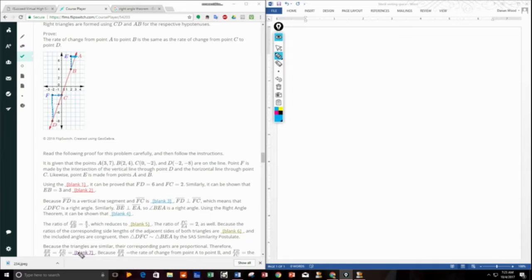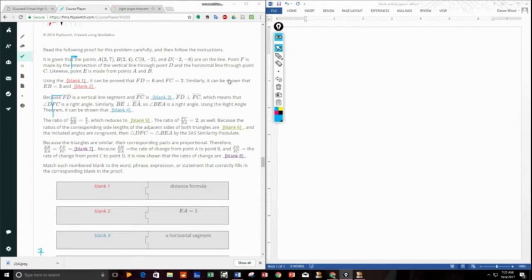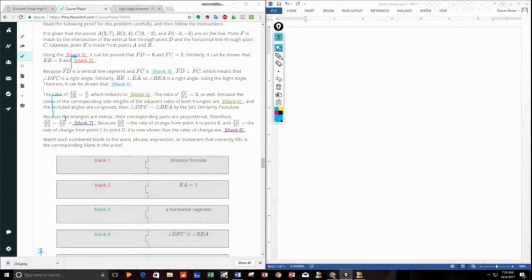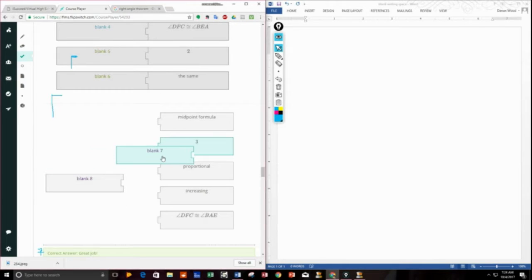But I'm figuring that they want to know the actual number. So EB was 3 and EA was 1. So 3 divided by 1 is 3. And since we have proportionality and similarity, we know that the rise over the run for FD over FC is going to be the same. So blank 7, I'm looking for 3.